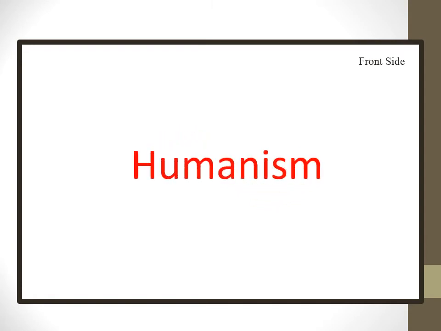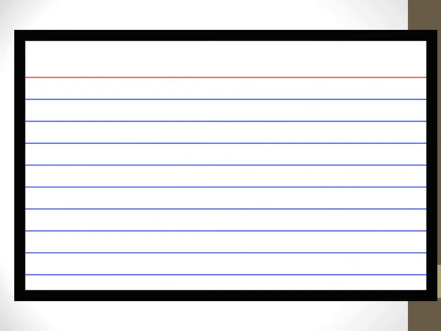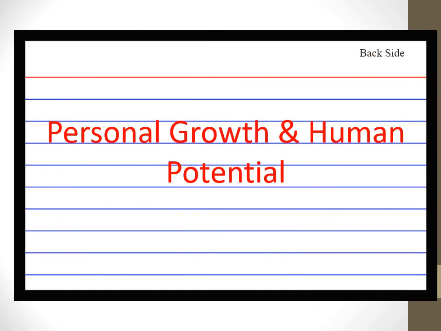Everyone grab your handy dandy index cards, and on the front side, we are going to write humanism. Now flip that card over, and on the back side, we are going to write personal growth and human potential.